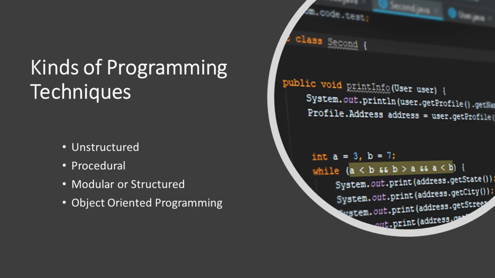There are several kinds of programming techniques: unstructured, procedural, modular or structured, and object-oriented programming. The first one is unstructured. Usually people start to learn a programming language by writing small sample programs that consist mainly of one main program. Here the term main program stands for a sequence of command statements which modify global data throughout the whole program.